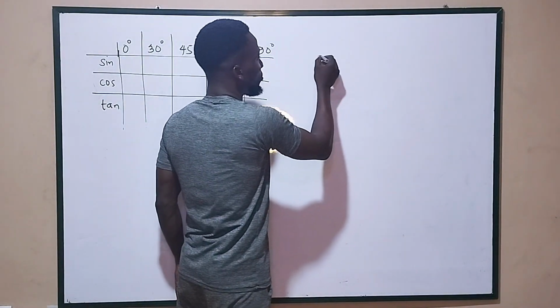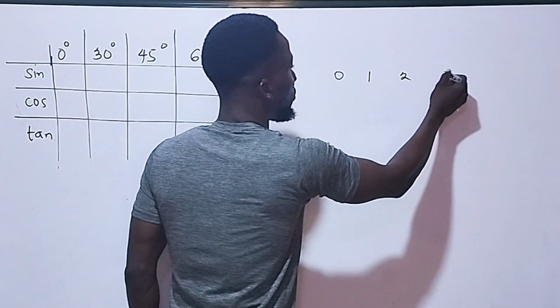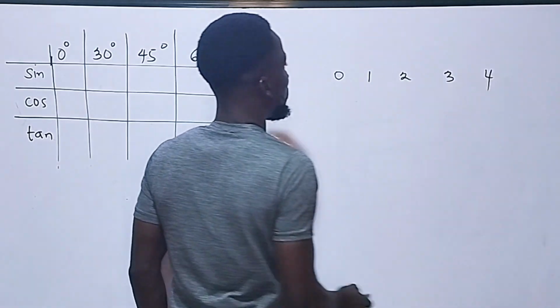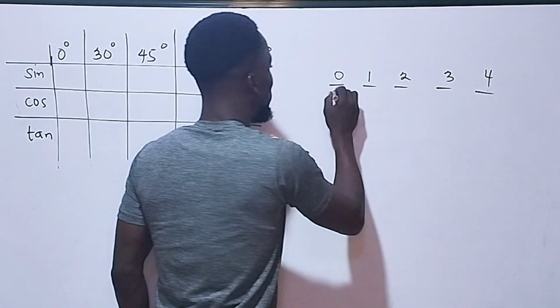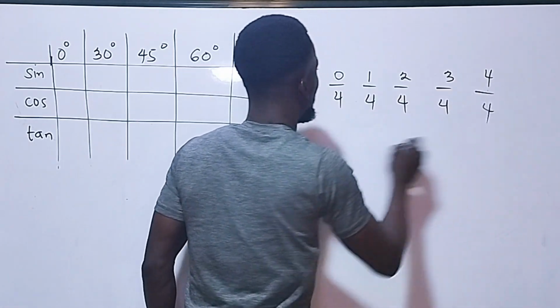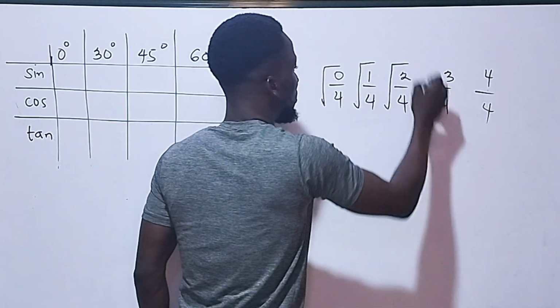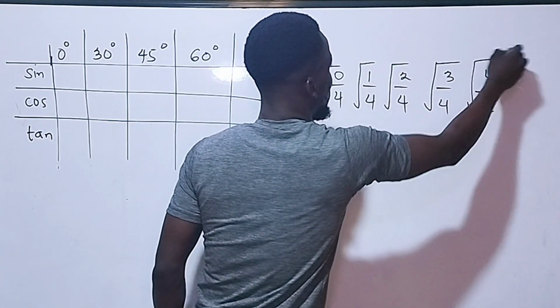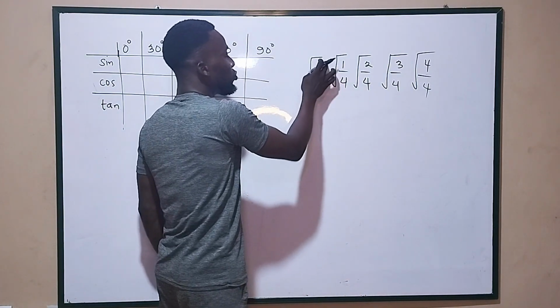Just write these numbers. Write 0, 1, 2, 3, and 4. Divide everything through by 4. Root everything one after the other. After rooting everything, you discover that you have the root of 0.